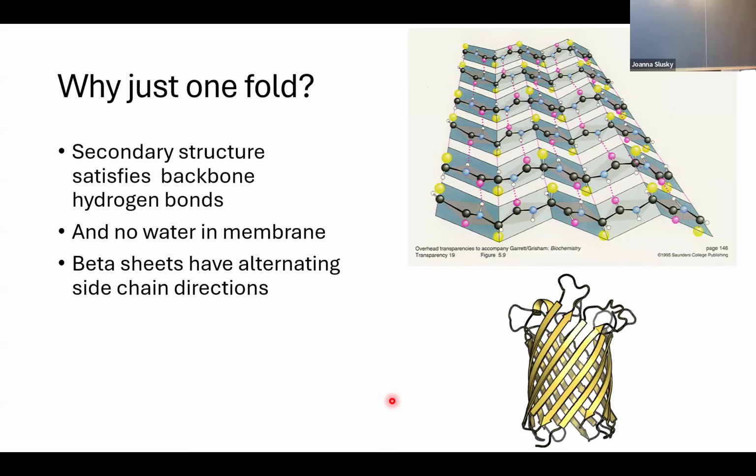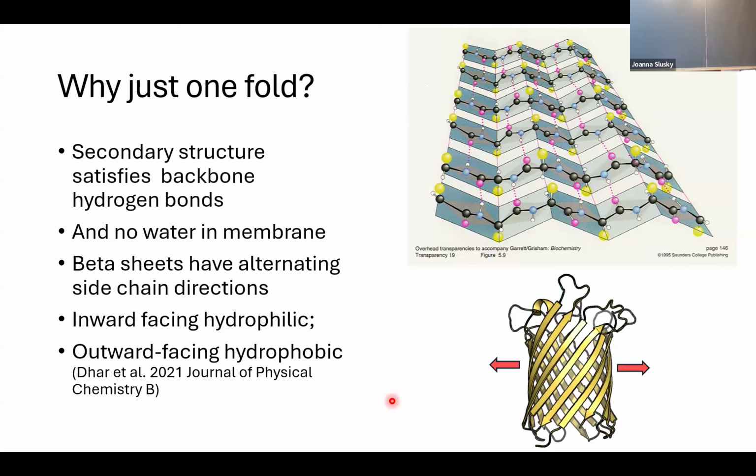And what that means is that your residues in the beta barrel are pointed in, out, in, out, in, out, so that beta strands in the membrane tend to have this property where you get hydrophilic facing in and hydrophobic facing out. And so you go hydrophilic, hydrophobic, hydrophilic, hydrophobic down your strand. And that'll come up again later, especially when we're talking about the properties in generation and seeing through the LSTM.